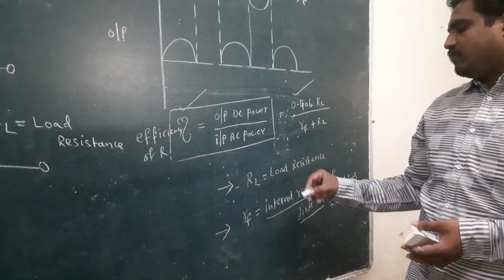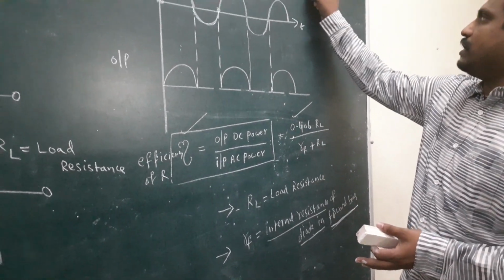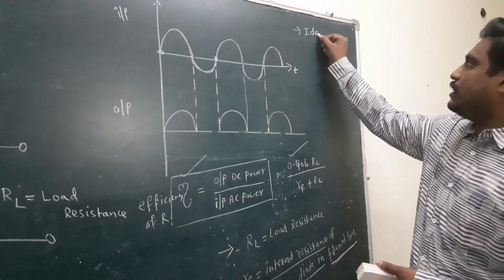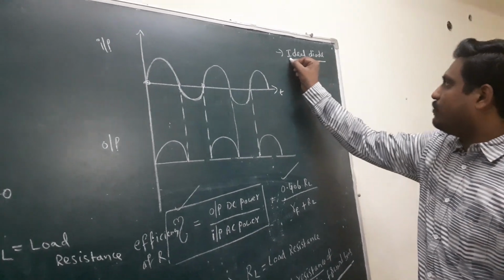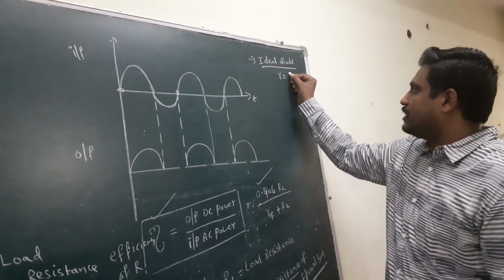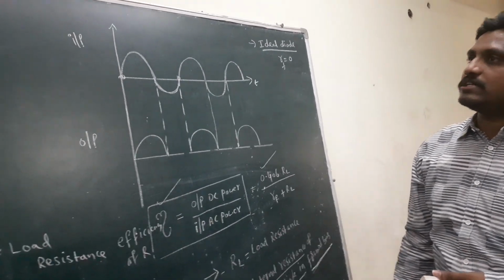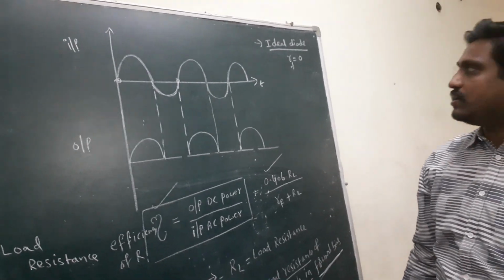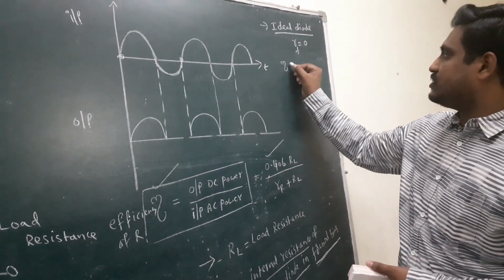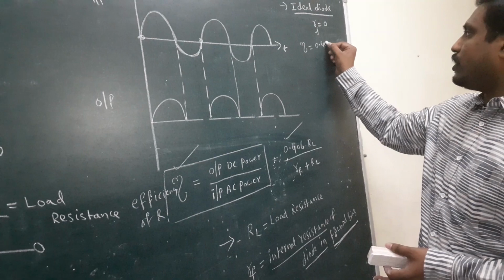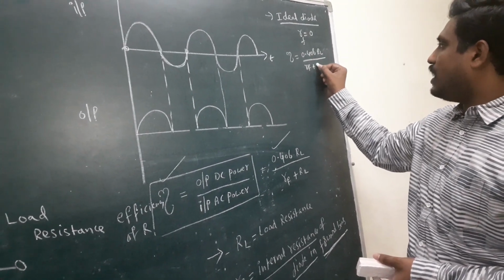This is the formula. For example, I take an ideal diode. Ideal diode means in forward bias the internal resistance becomes 0, and in reverse bias the resistance is infinity. Substitute in the formula: efficiency equals 0.406 RL by RF plus RL.